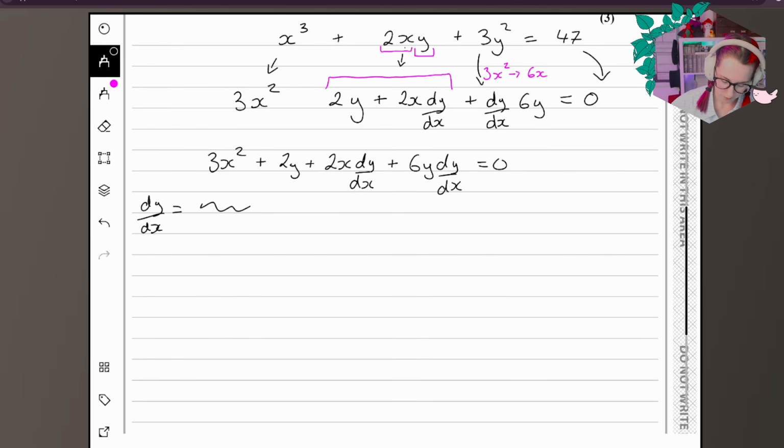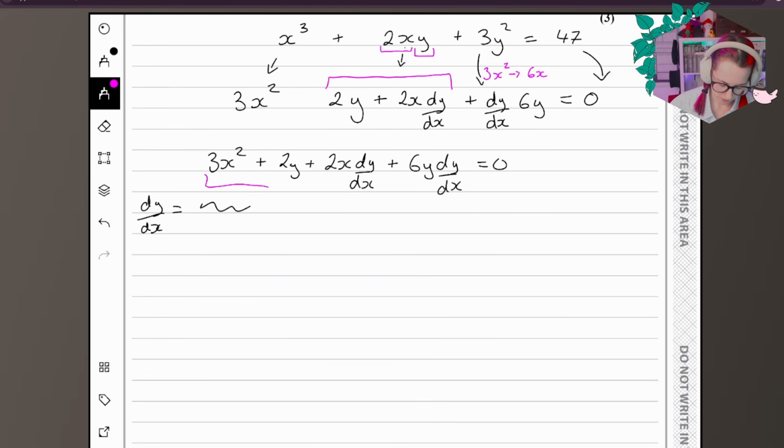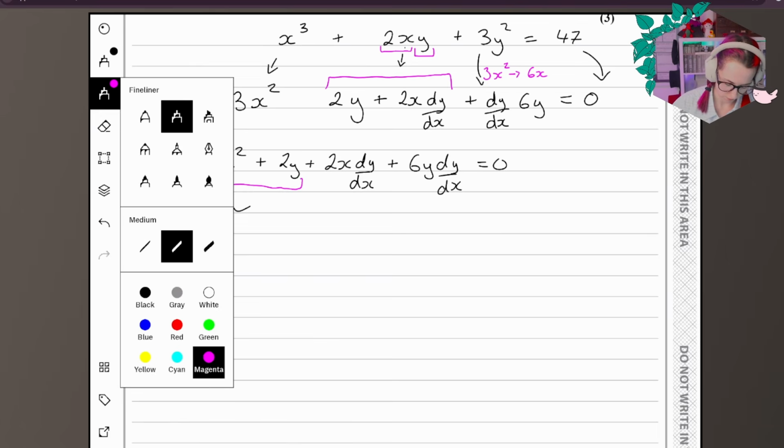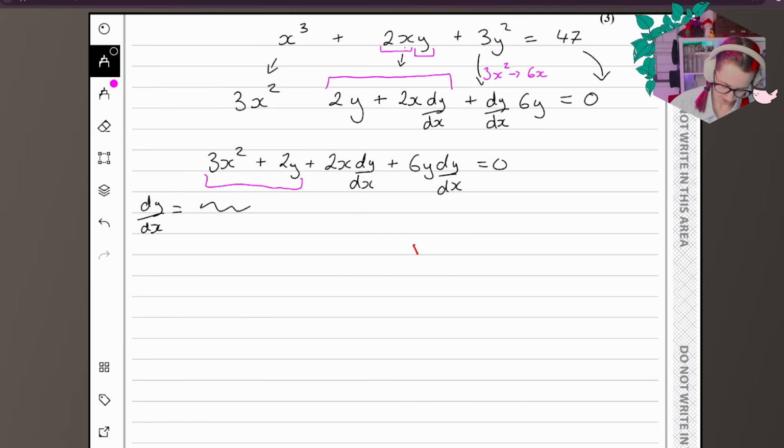So instead, what we need to do is start grouping terms. These bits don't have dy/dx in them, so we can take them over to the other side. So I know that I'm going to have some stuff equals minus (3x squared plus 2y). Take those over, need to make what was positive negative. And on the rest of the terms, they've both got a dy/dx, so we can factor that out.